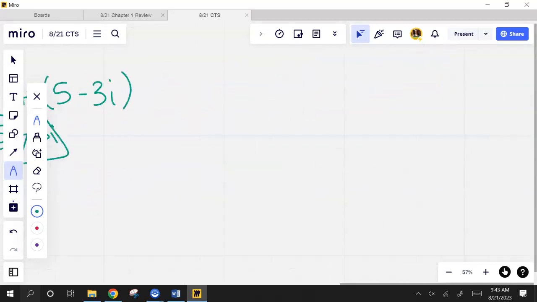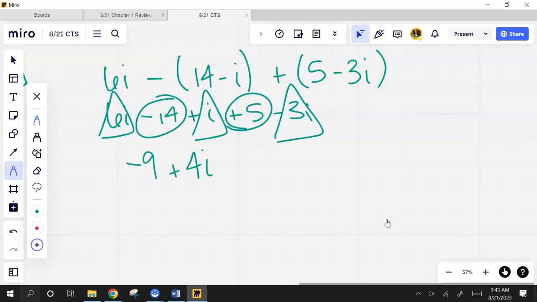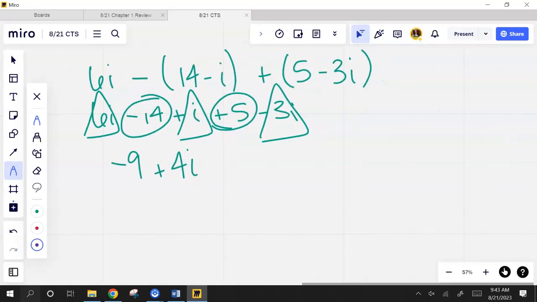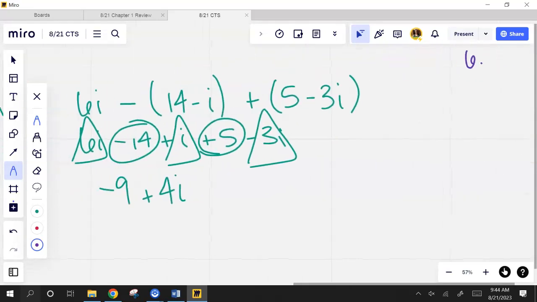Okay? Wait, no. I got number 9 now. But number 10, somebody said 6 before 9. Okay. Wait, say it again. The negative I is on the outside.